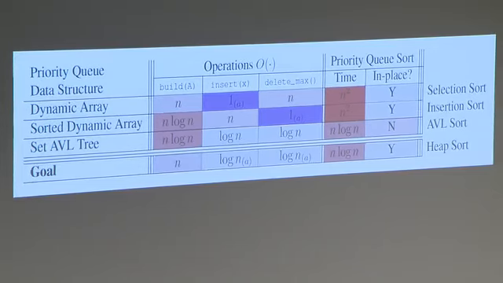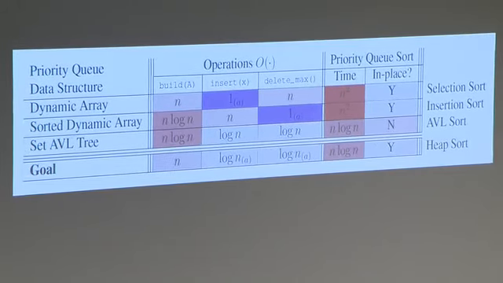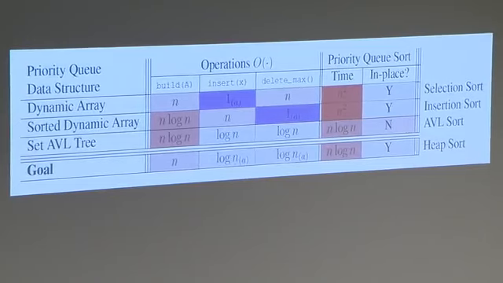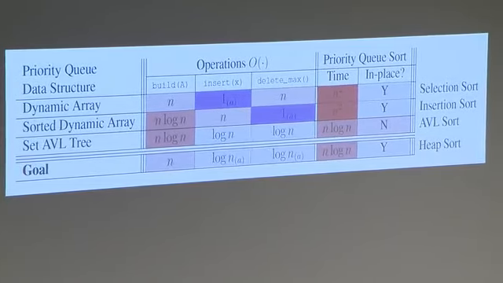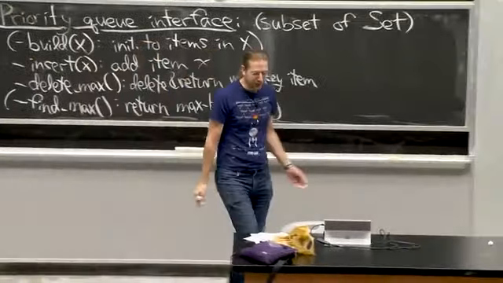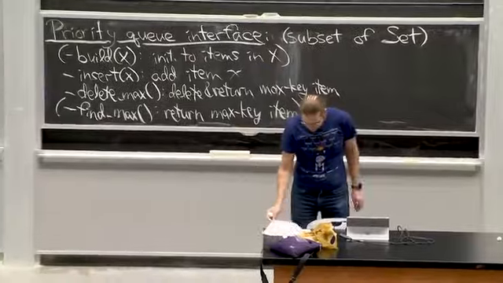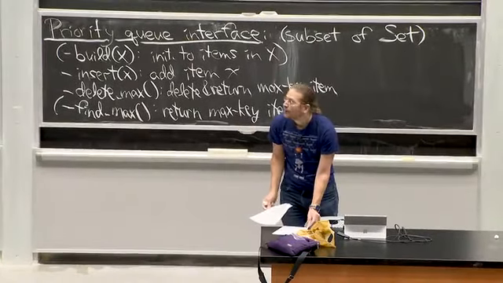It only consists of an array of the items. And so when we plug it into our sorting algorithm, priority queue sort, our generic sorting algorithm, not only do we get n log n performance, but we also get an in-place sorting algorithm. This will be our first and only in this class, n log n in-place sorting algorithm. Cool. That's the goal.